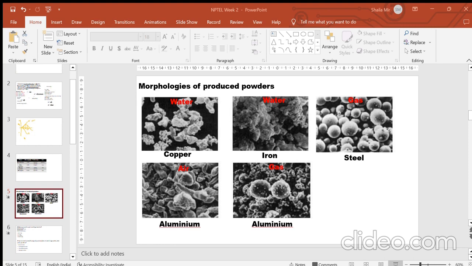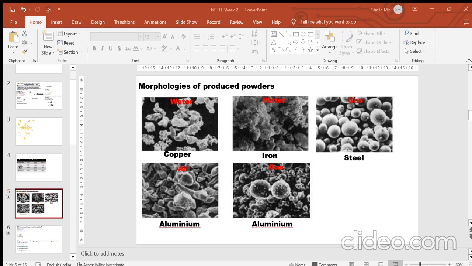Carbon dioxide, nitrogen, oxygen, or air? Nitrogen. Come again. Nitrogen? Okay. So the gas which is suitable for gas atomization is nitrogen.